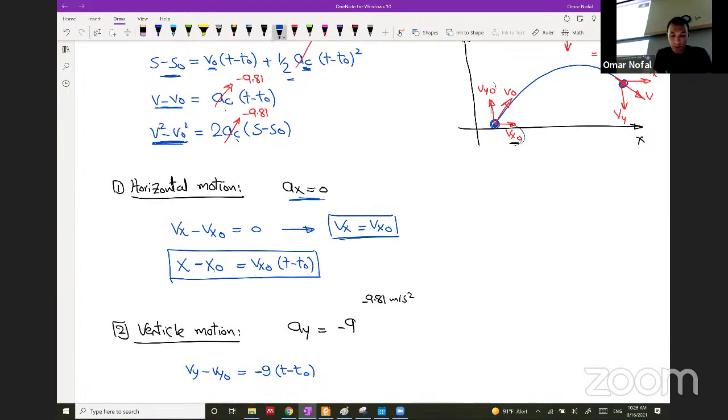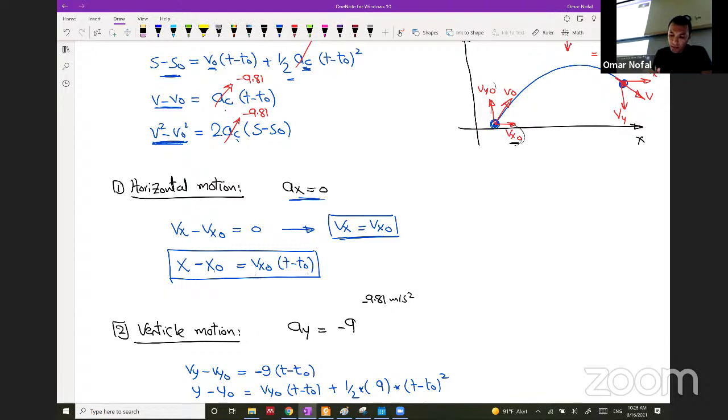It will give you y minus y naught equal to vy naught times t minus t naught, plus half multiplied by negative g multiplied by t minus t naught all squared.